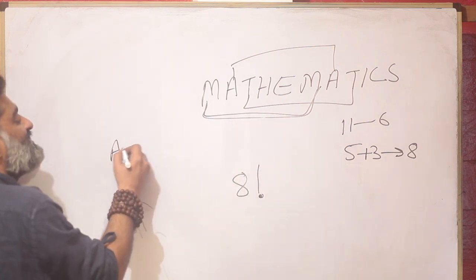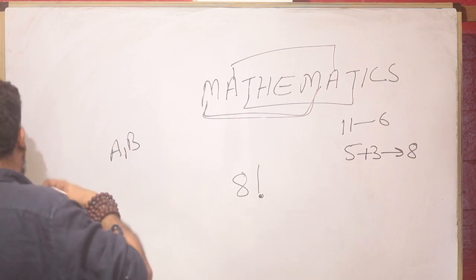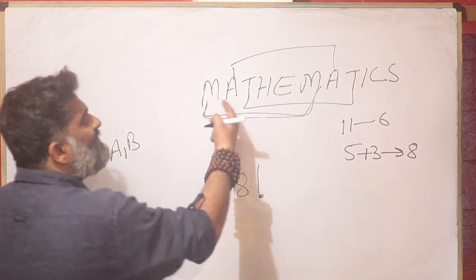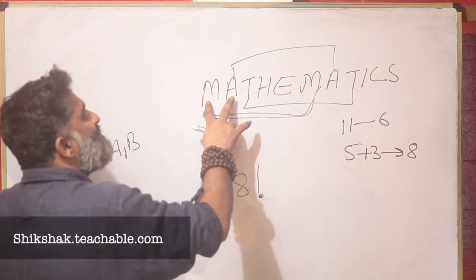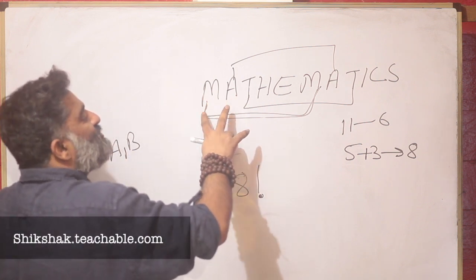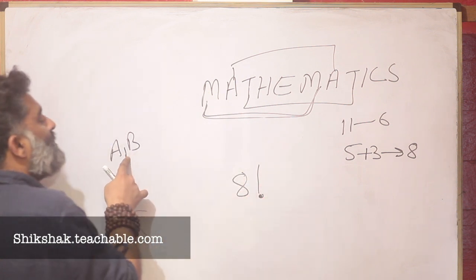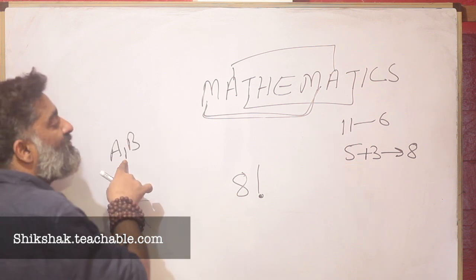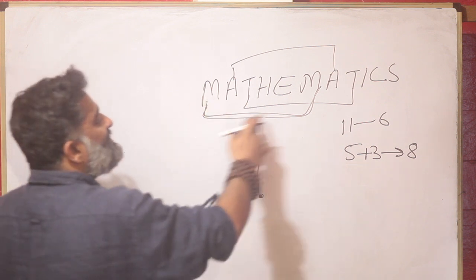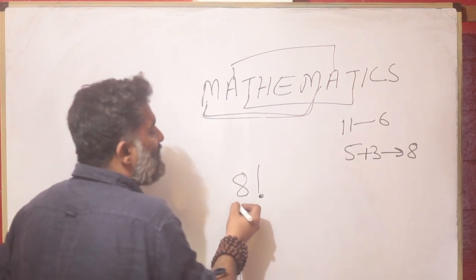When you were saying there were 2 friends A and B, or even if the letters were different, say if the question said M and A have to be together, it could be MA or AM, and in that case I would multiply by 2. If the friends were different, I would multiply by 2, but these are the same letters, so I don't have to worry about that. This is taken care of.